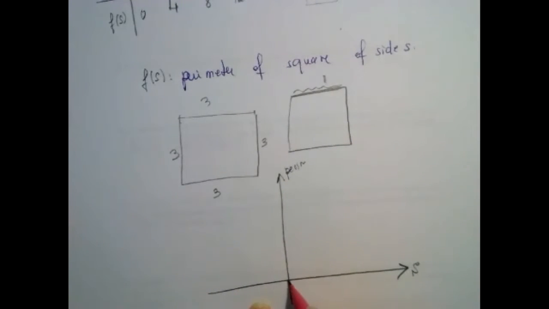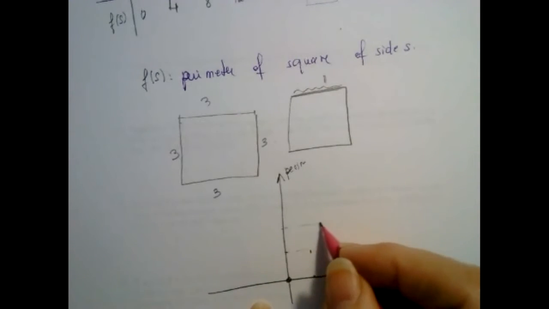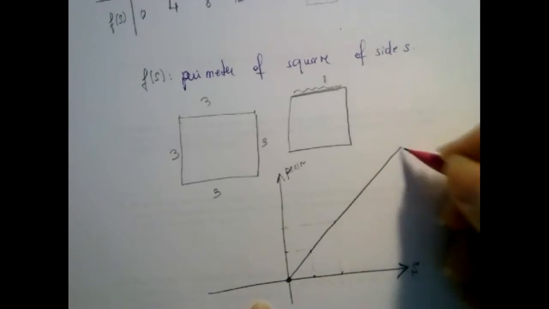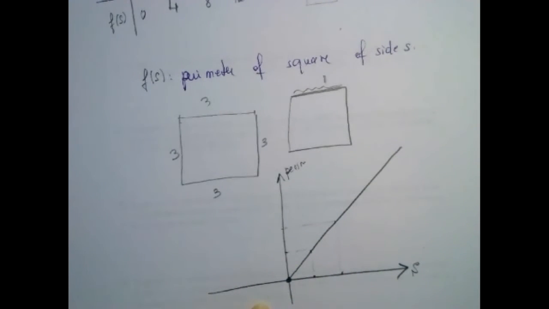And then I draw a point. s is 0, 0. s is 1, it's 4. s is 2, 8. And I start connecting. This is the graph of my function. So the function is increasing because as the side increases, that's the input, the perimeter of the square will increase as well.